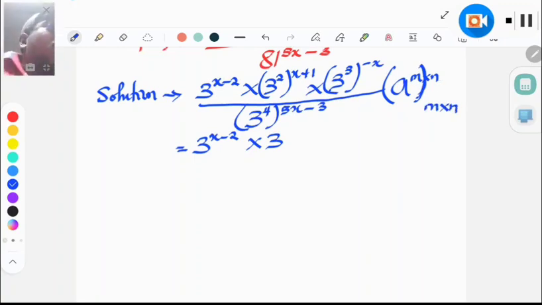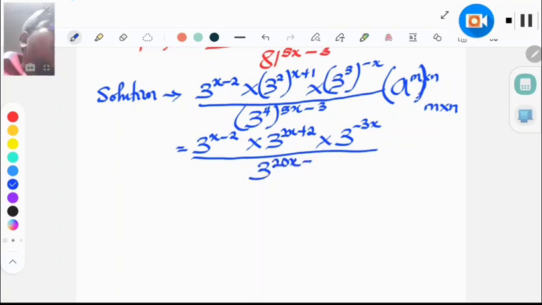So that means the 2 is going to multiply x plus 1. So 2 times x is 2x, 2 times 1 is 2, times 3 raised to the power 3 multiply negative x is minus 3x, over 3 raised to the power 4 times 5x is 20x, minus 4 times 3 is 12.